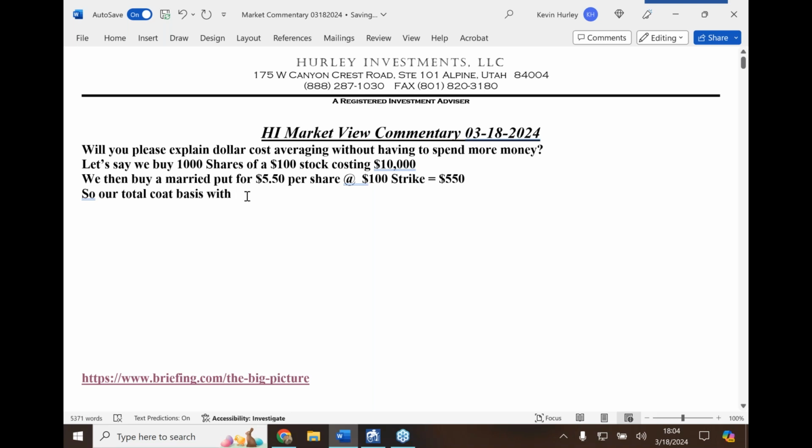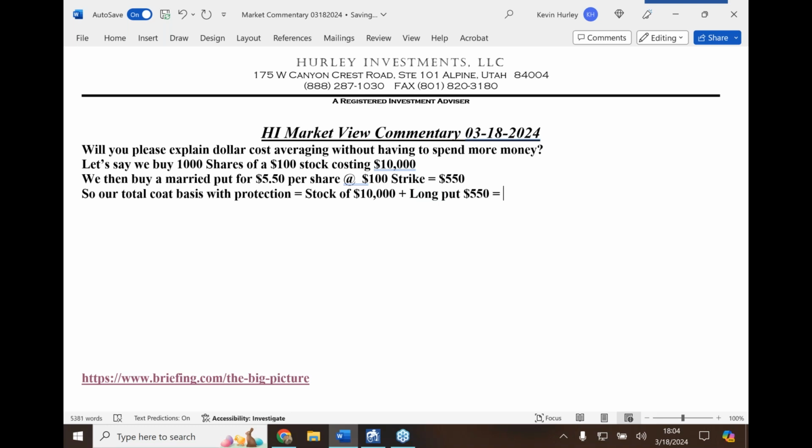So our cost basis with protection, and most of you saw us do this when we first put your positions on, is equal to the stock of $10,000 plus the long put or married put cost of $550.